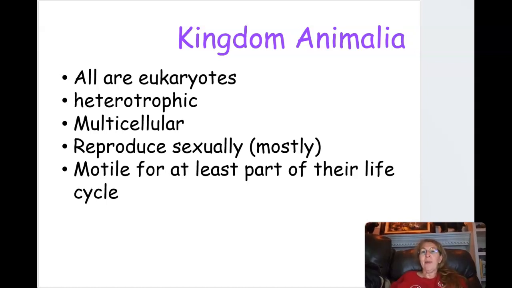We cannot capture the sun's light directly. Neither can a squirrel. Neither can an ant. Most animals reproduce sexually, meaning that there's a male counterpart and a female counterpart. And for most of their lifespan, animals are mobile.